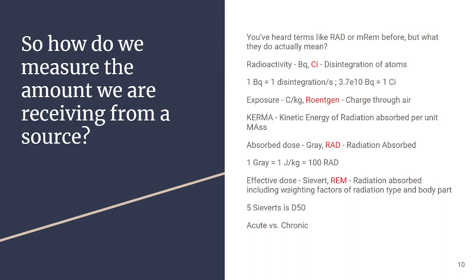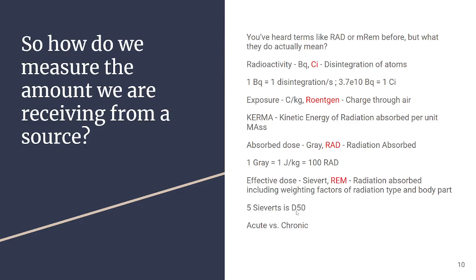Just like the curie, it's usually going to be in millisieverts, millirem, that kind of stuff. So 5 sieverts is a D50, which means that 50% of people will die if you absorb 5 sieverts all at once. So it doesn't take a whole lot. That's why I said we usually measure things as millisieverts for like your annual considerations and that kind of stuff.